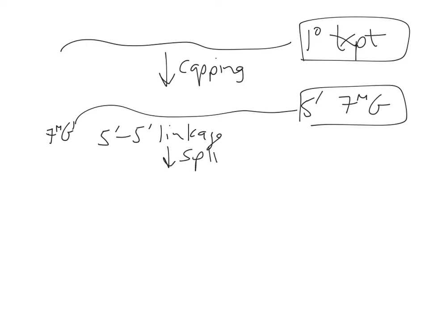Then there's splicing. What happens with splicing? You take out the introns. So what's an intron? Junk DNA. No, it's not junk DNA. Well, there are lots of good things that happen inside introns.